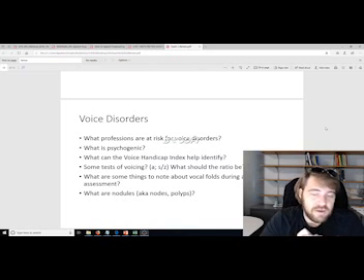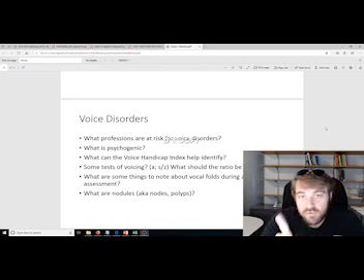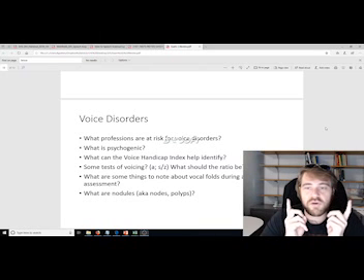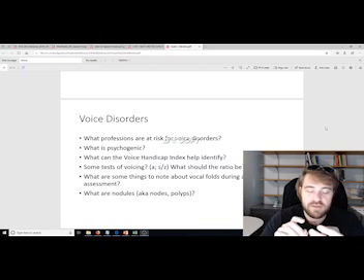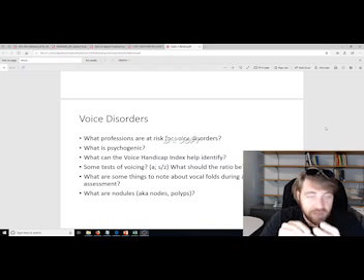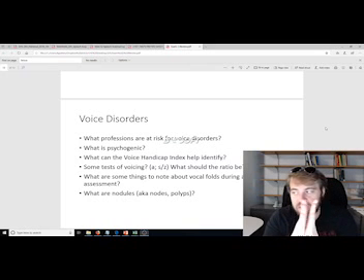Some things to note about vocal folds during an assessment are the color and the movement, both in terms of how they are able to adduct and abduct, and the movement when voicing is happening, so what it actually looks like when the vocal folds are moving. Is one paralyzed?